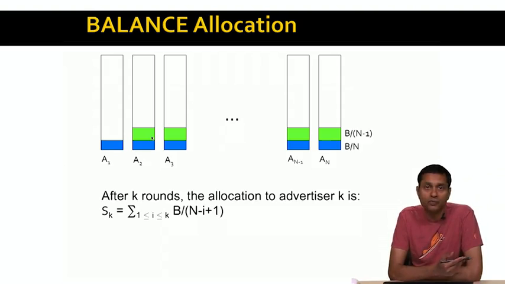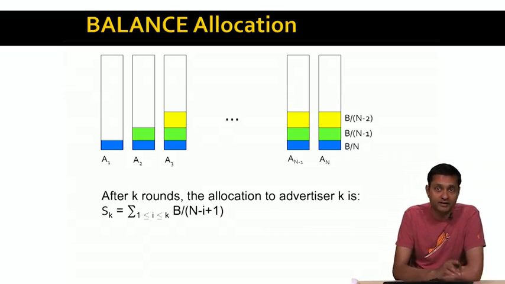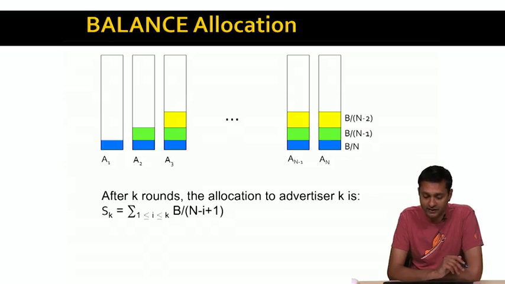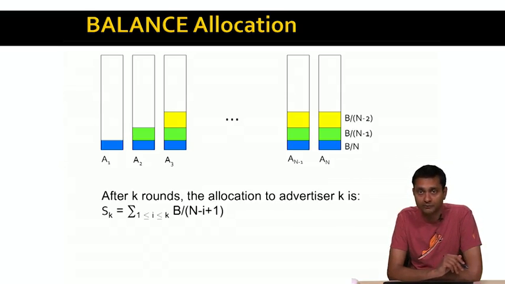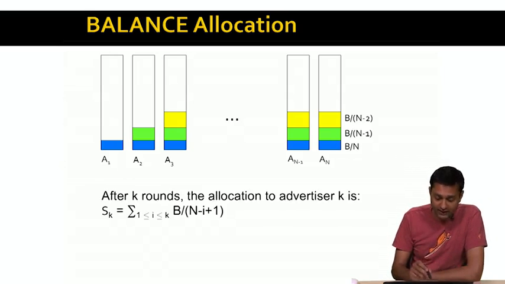Now, similarly, when the round 3 queries come in, the eligible advertisers are A3 through AN, and there are n minus 2 of them. And so the balance algorithm will end up assigning B by n minus 2 queries to each of the advertisers A3 through AN. So in general, after k rounds, the allocation to advertiser k is given by the formula shown here.